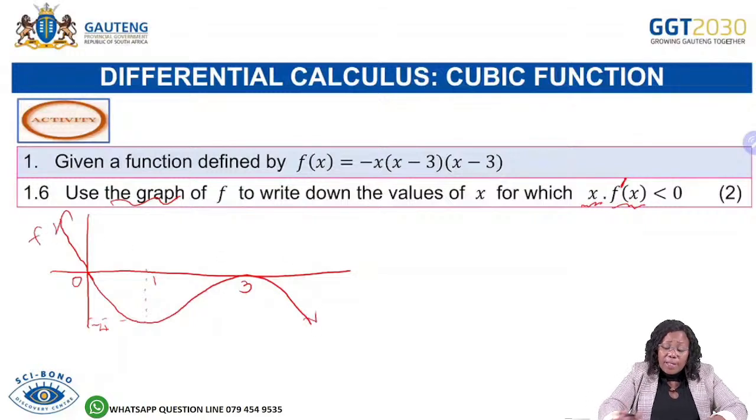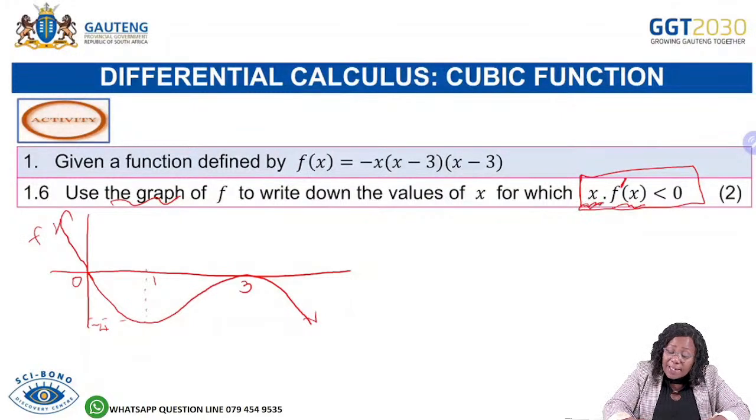Now, out of this, we need to understand what they need. They say take the x-axis of your graph, this line here, and when you multiply that with the gradient of that graph, your answer must be less than 0. Less than 0 means the answer must be negative.